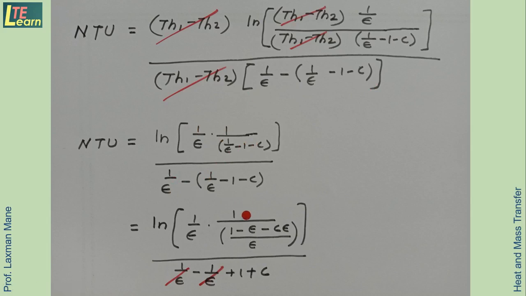Further, next to this we can solve 1 upon this. So LCM we will take as epsilon, and here we will find 1 minus epsilon minus c epsilon. Now at the base this and this term will get cancelled, then this will become plus 1 and this will become plus c.